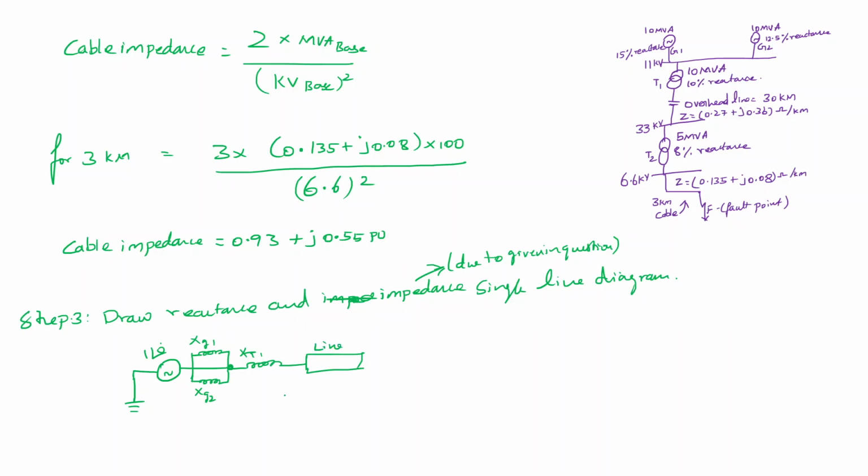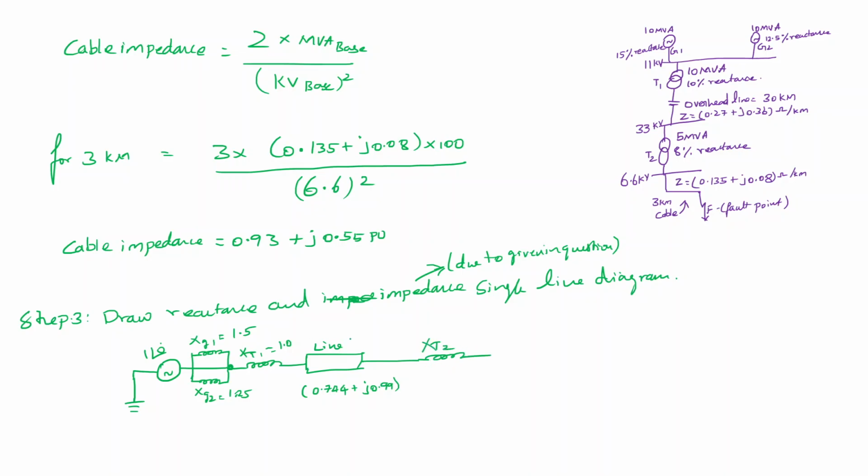I'll write the values: 1.5, 1.25, 1.0, and this value is 0.744 plus j 0.99, and this is for transformer 2, XT2.